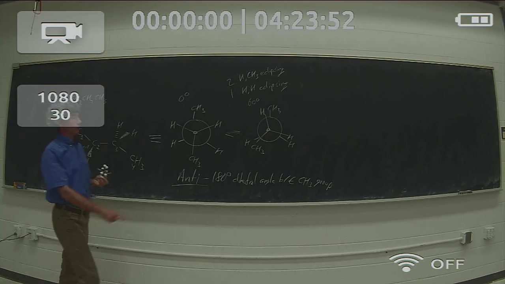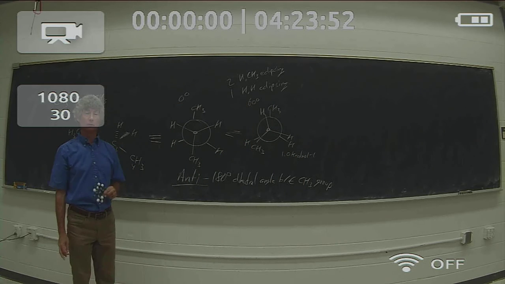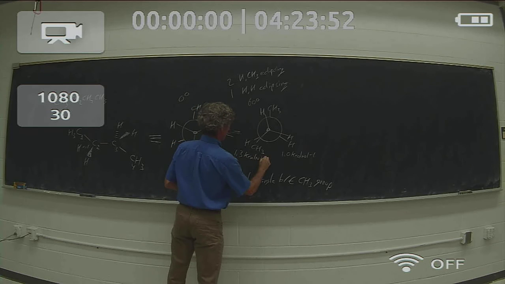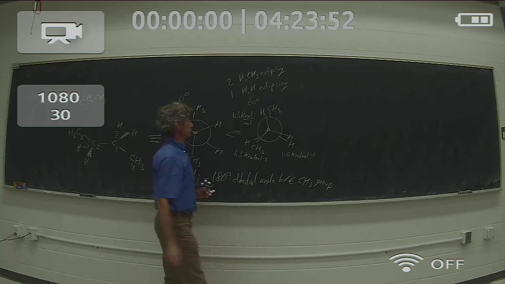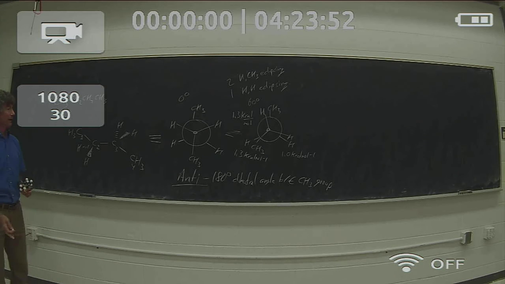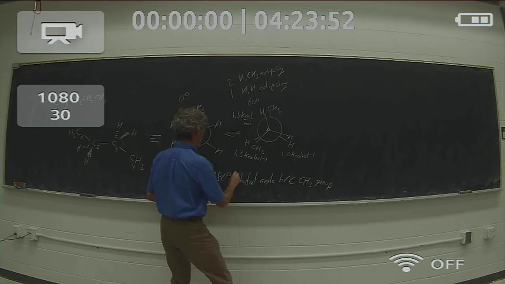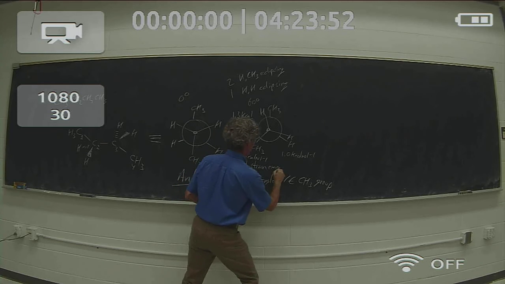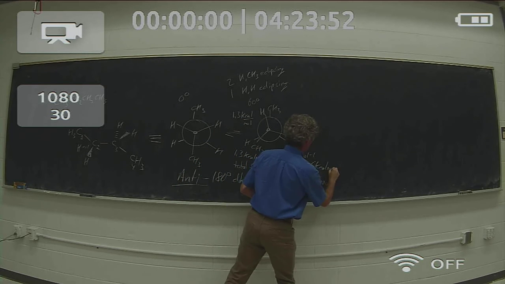If we estimate a 1 kilocalorie per mole strain energy for eclipsing the two hydrogens, which is what we determined from the ethane molecule, and a 1.3 kilocalorie per mole energy difference for each hydrogen over methyl eclipsing, we would predict that there should be a total strain energy for this molecule of 3.6 kilocalories per mole.